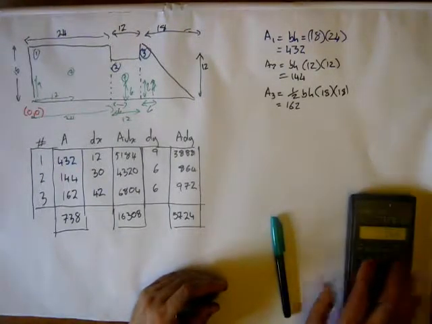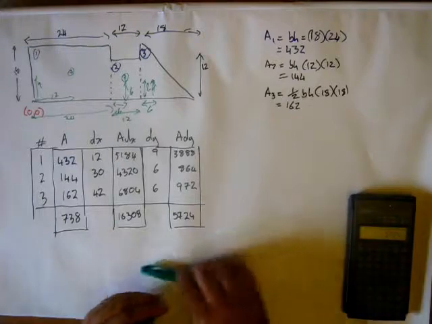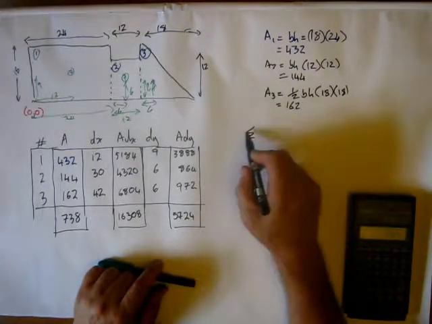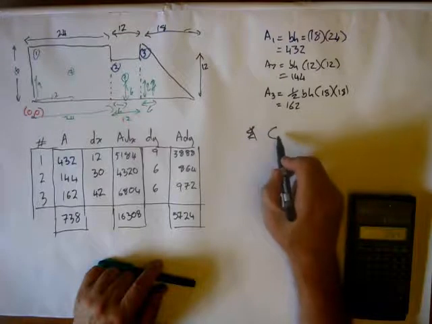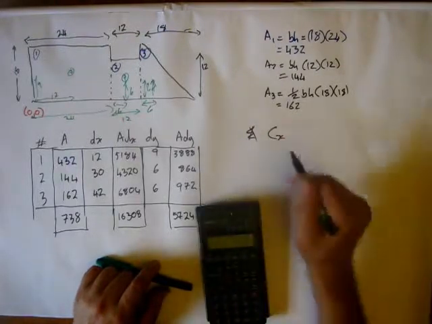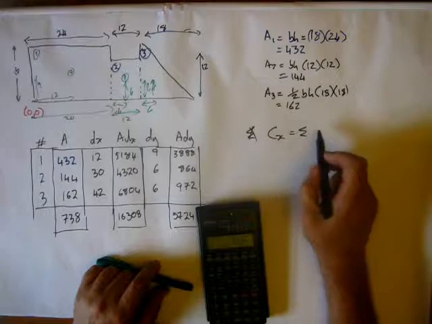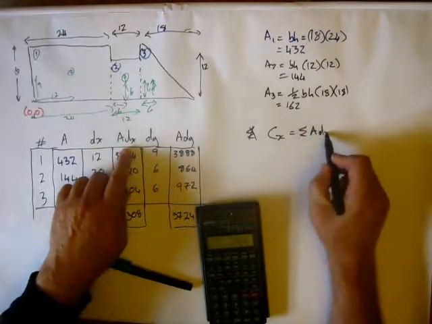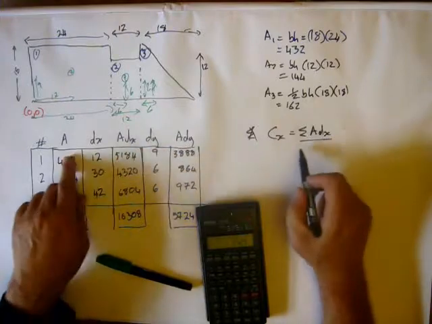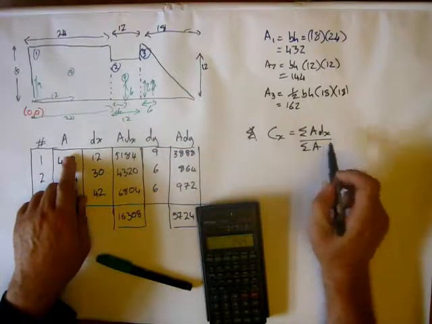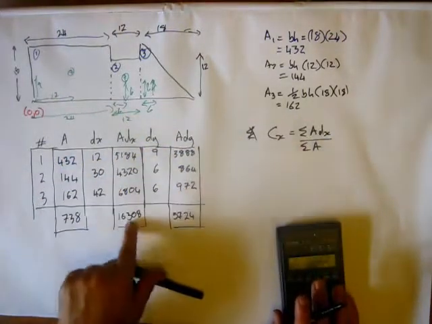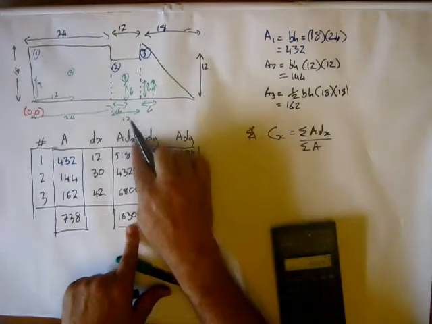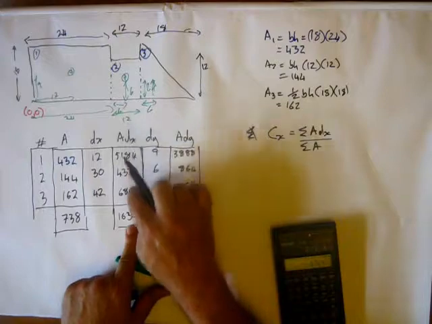Okay, so we've got a whole lot of random numbers now. Now we have to turn these into a result. What we want to find out is the centroid. Cx, the centroid in the x dimension, is equal to the sum of A dx over the sum of A. Now this number here, 16,308, is the sum of all these added up together.